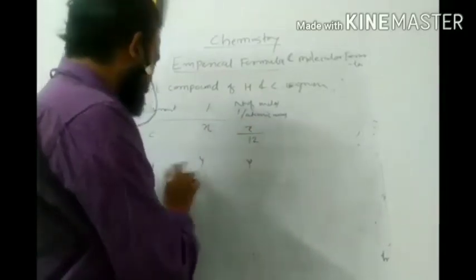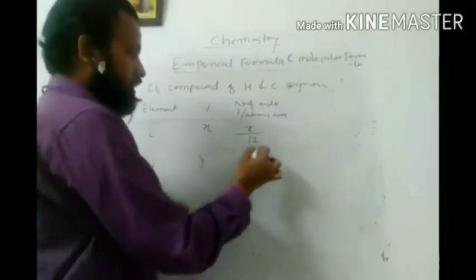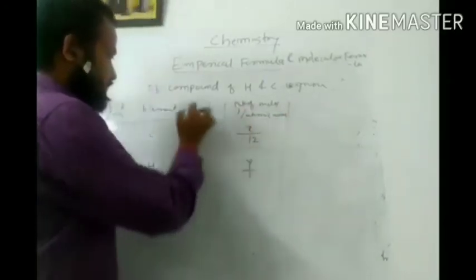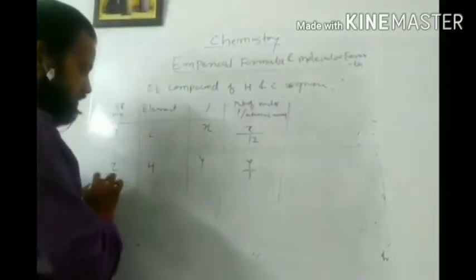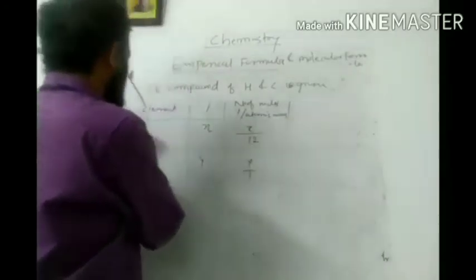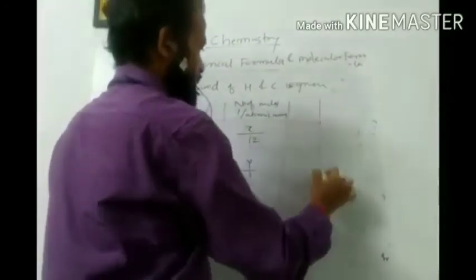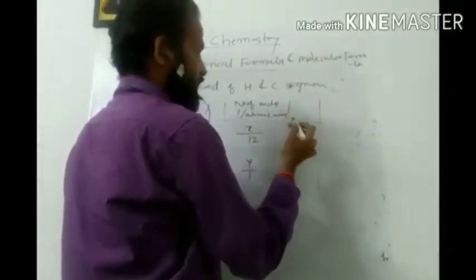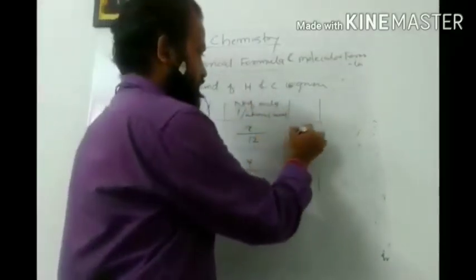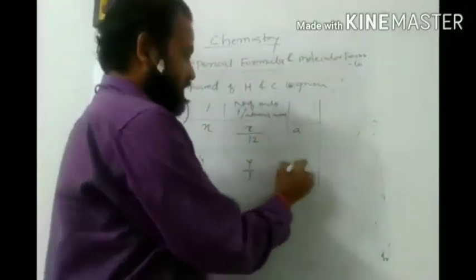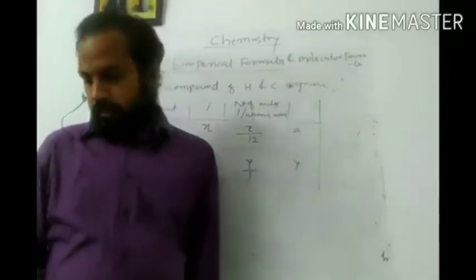Similarly for Y, the atomic mass of hydrogen is 1. Whatever answer you get, you just have to write it down in the next column. So let us say X by 12 is, for example, A, and Y by 1 is Y. So you will get these two answers.